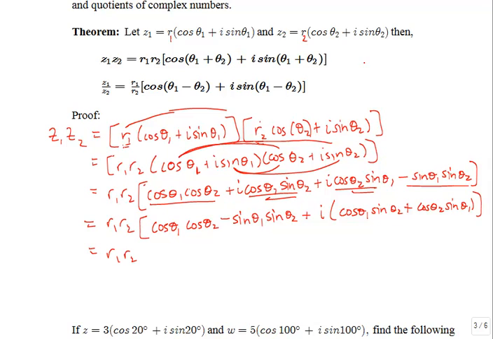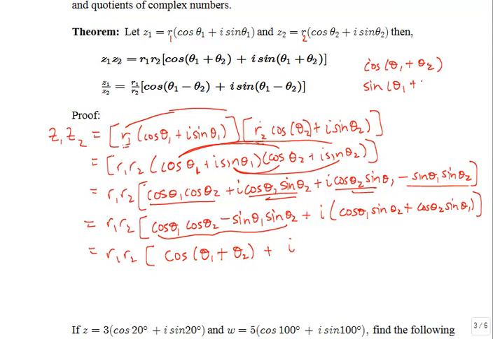Remember that cosine of theta 1 plus theta 2 is cosine of the first times cosine of the second minus sine of the first, sine of the second. And that's exactly what this is right here. So these first two terms really are just cosine of that first angle theta 1 plus that second angle theta 2. Then you have to remember the formula for sine of a sum.